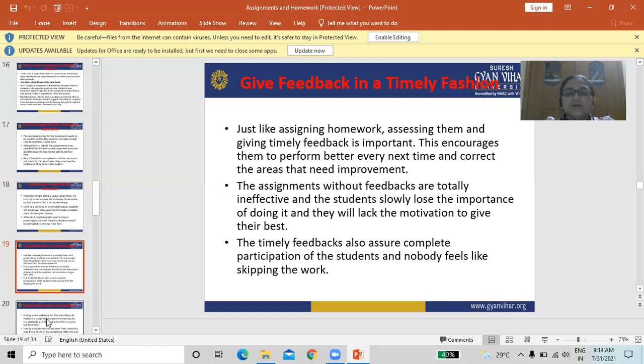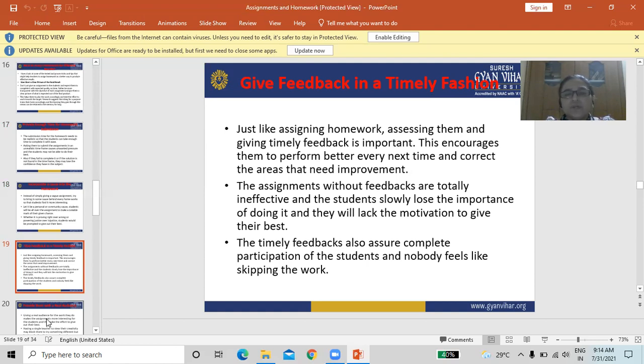Assignments without feedback are totally ineffective, and the students slowly lose the importance of doing them and lack the motivation to give their best.